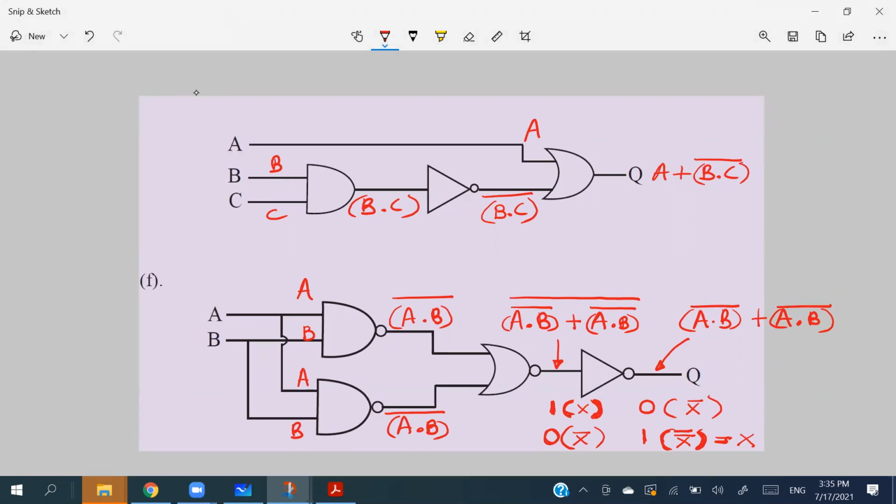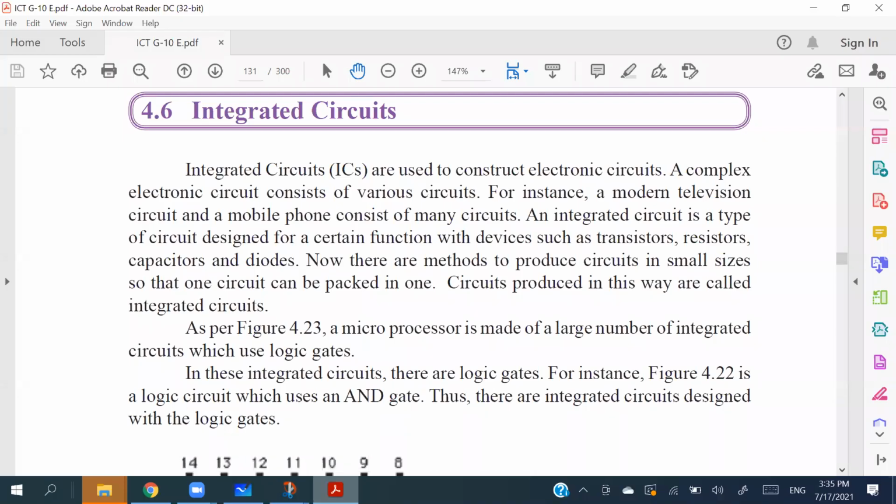Right, okay. So we are going to learn about integrated circuits. It's a big topic, but in our lesson it is introduced in a very light manner, right? So we just get to know what an IC is, and we just get an idea of what kind of structure is inside the IC with the particular gates.